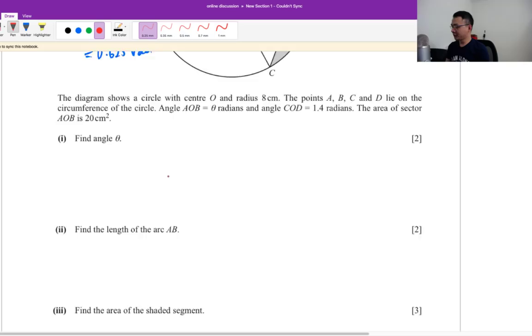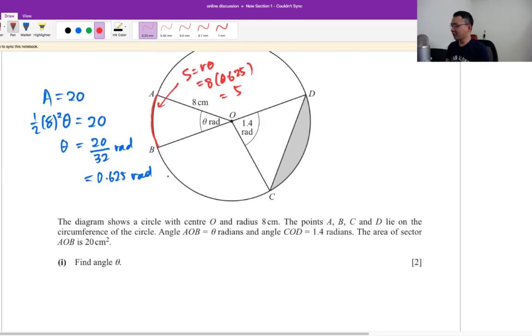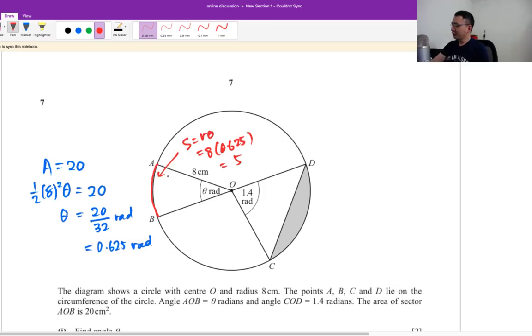Alright, so find the area of the shaded region. In order to find the area of the shaded region, you know that this one basically is the area of a segment. So the segment formula tells us what? Half r square, theta minus sine theta. Alright, this is the segment formula.